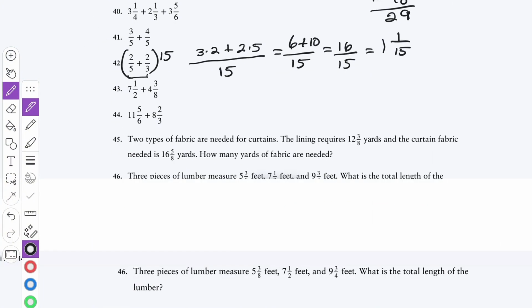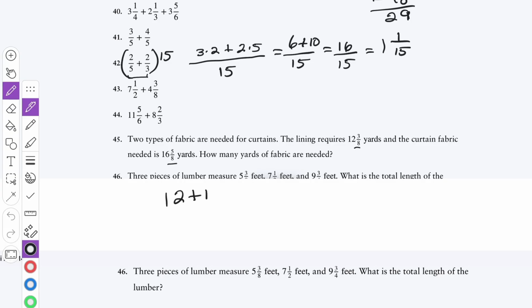Okay, number 45, it says 2 types of fabrics are needed for curtains. The lining requires 12 and 3/8 of yards. And the curtain fabric needed is 16 and 5/8 of yards. How many yards of fabric are needed? So because the fractions have the same denominator, I can just add the two whole numbers together.